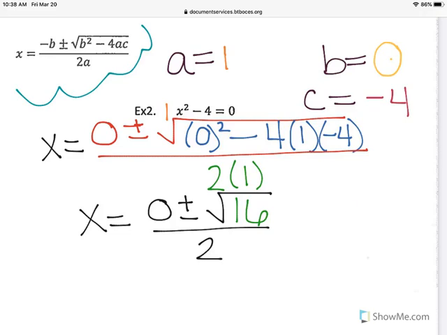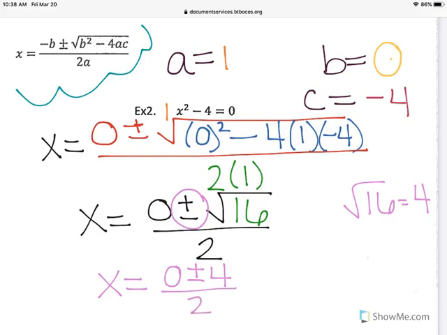Well, the square root of 16 is a perfect square because that just gives me an answer of 4, or plus or minus 4 if you remember that. But the plus or minus is already there. So we've got x equals 0 plus or minus, remember the square root of 16 gives us 4, so the radical disappears completely, all divided by 2.